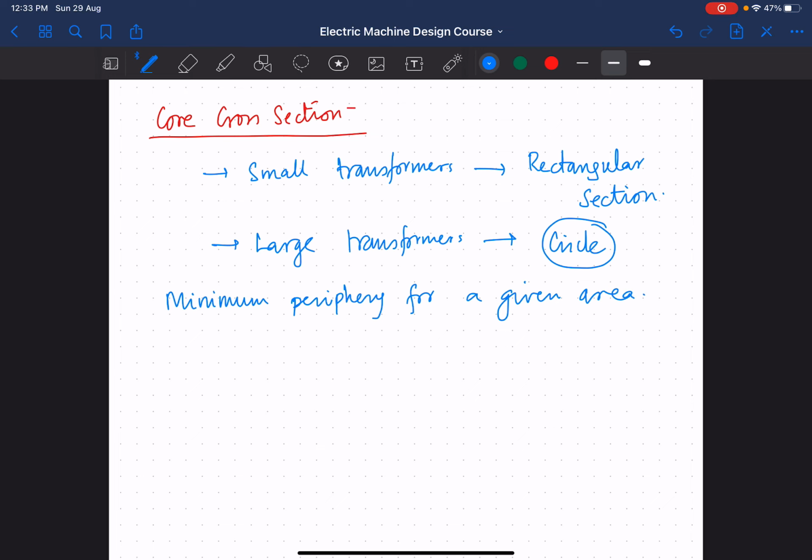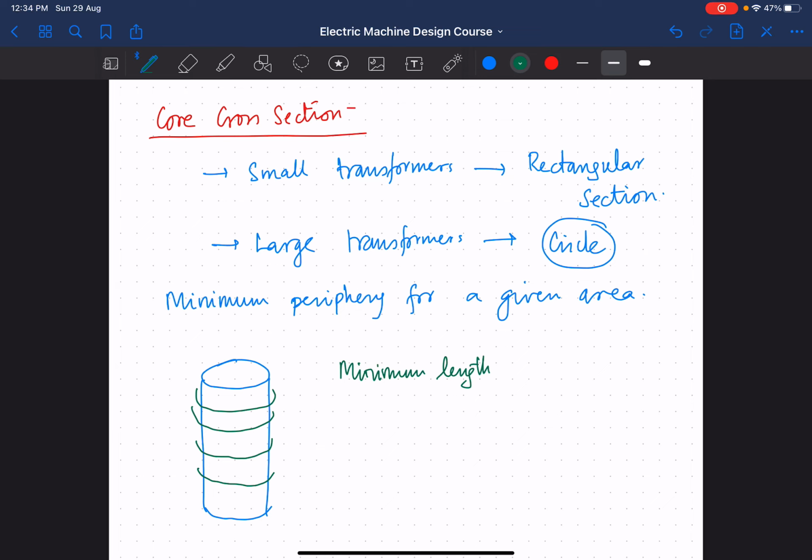What does this mean? If you have a circular cross section and you have to lay a wire around this cross section, this would result in minimum length of the conductor.